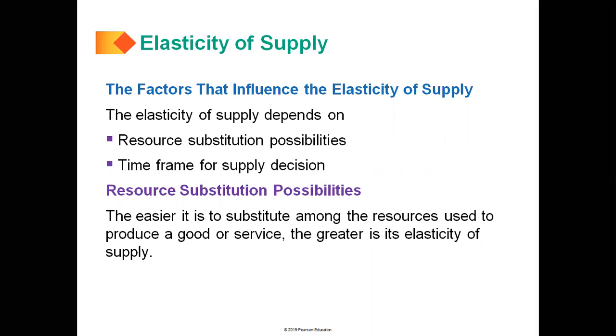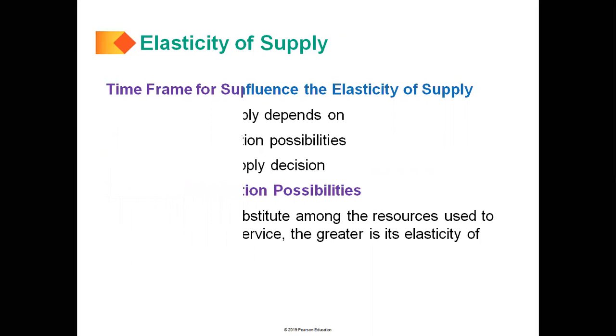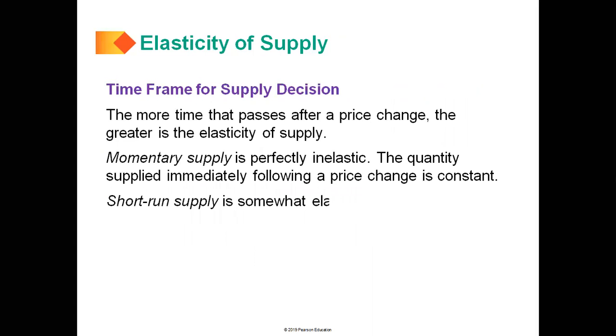Okay. So the wheat and corn analogy here is probably useful. On the short term, firms can't change how much they produce immediately. Short run supply is somewhat inelastic.